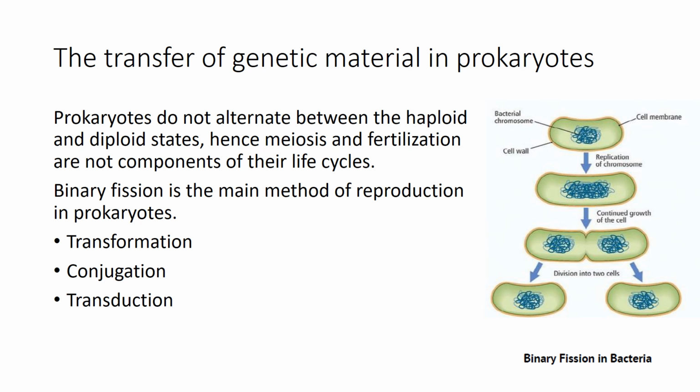This is why it's called bi, or two, binary fission. So this is the main method, but of course this takes some kind of methodology for the prokaryotes, which we have labeled as transformation, conjugation and transduction. So we studied them during molecular biology.